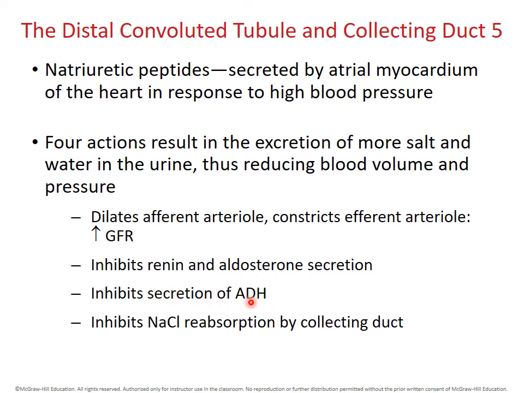By inhibiting it, we're going to get less reabsorption of water, which lowers blood volume, which lowers blood pressure. And then finally, it directly inhibits sodium and chloride reabsorption in the collecting duct. And so again, less sodium reabsorbed back into the blood, the opposite effect of aldosterone. And again, that means less water, and so blood pressure is going to fall again through that very familiar mechanism.